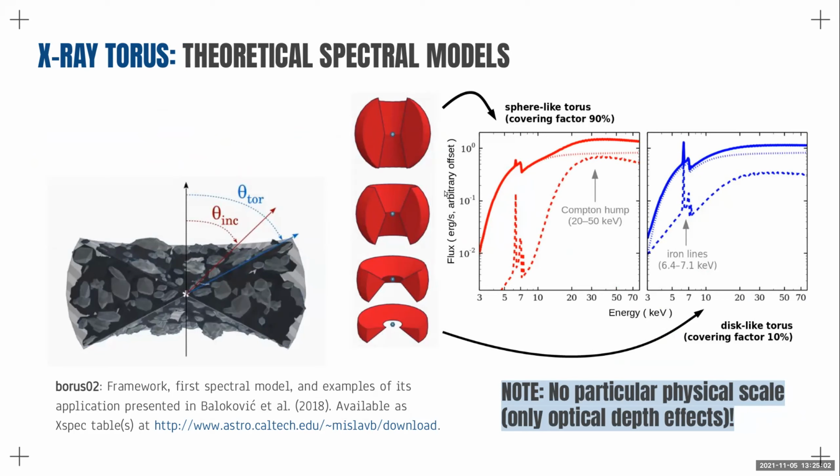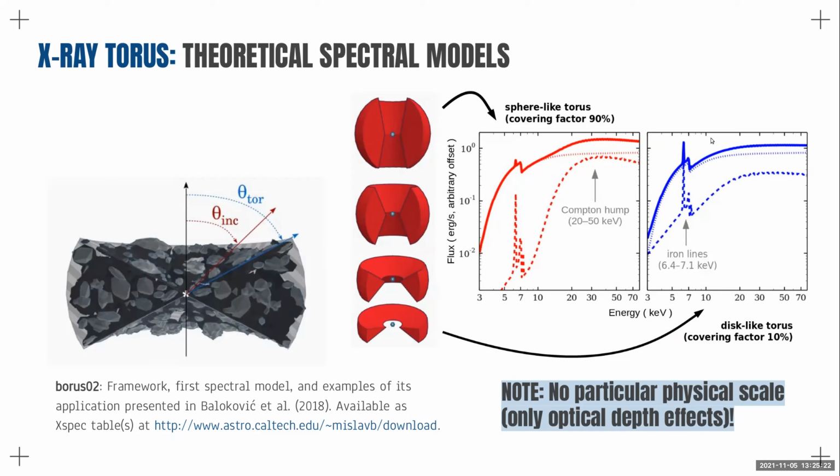If you have a 90% covering factor of material surrounding the black hole, as is shown over here on top, you might see a spectrum like the red line over here. Whereas if you have a very small covering factor, as seen from the black hole, something like a disk, you would get something like the blue spectrum on the right here.